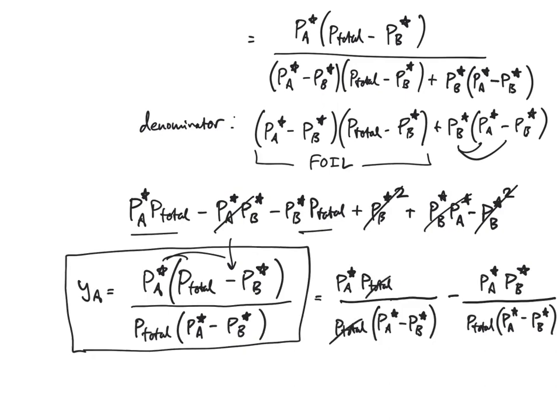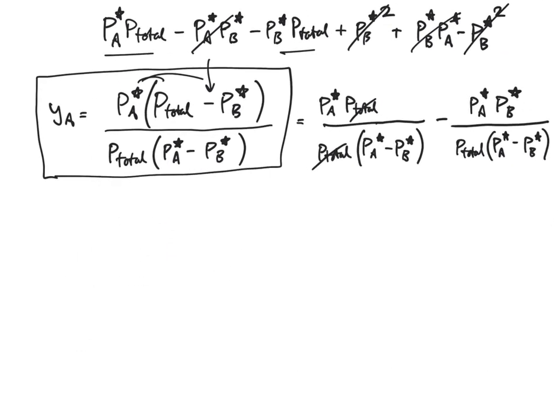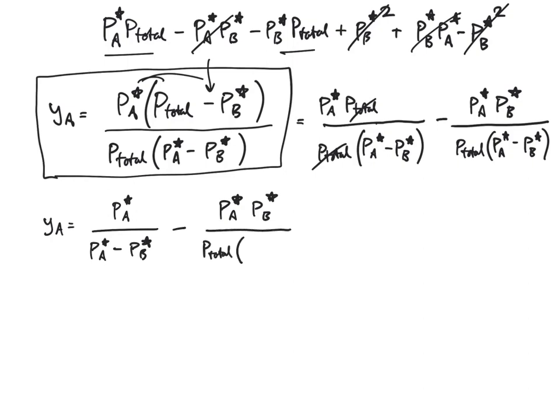First thing we can do is cancel out those P totals, so that'll be good, and we're left with YA equals PA star divided by PA star minus PB star. And then this is subtracted from PA star PB star divided by P total, PA star minus PB star.